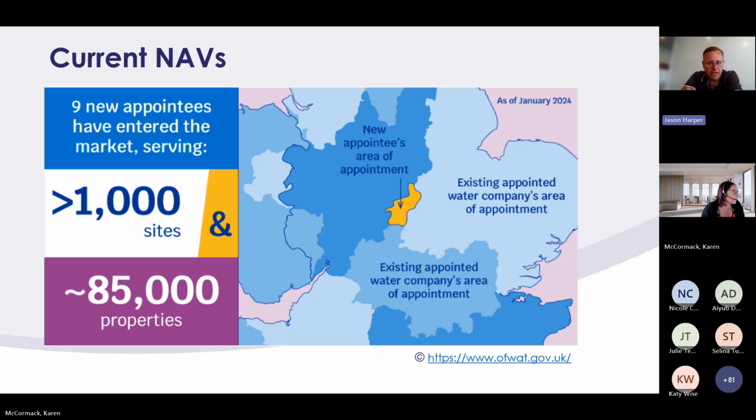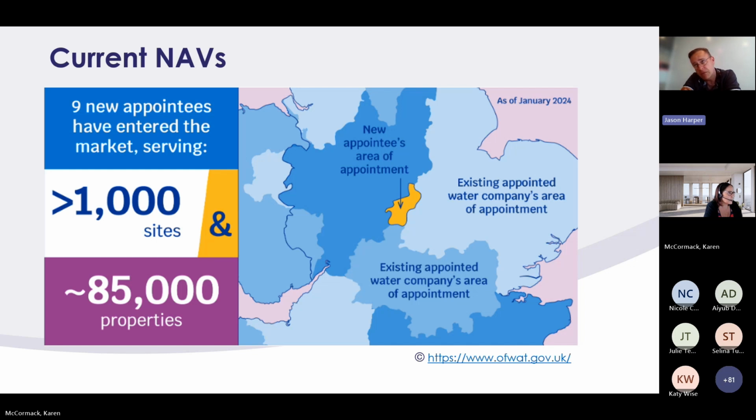So it says on there, new appointees: 9 new appointees have entered the market, serving 1,000 sites and 85,000 properties. The NAV market is growing all the time, and it's something that we've seen exponential growth in within the last 18 months or so.